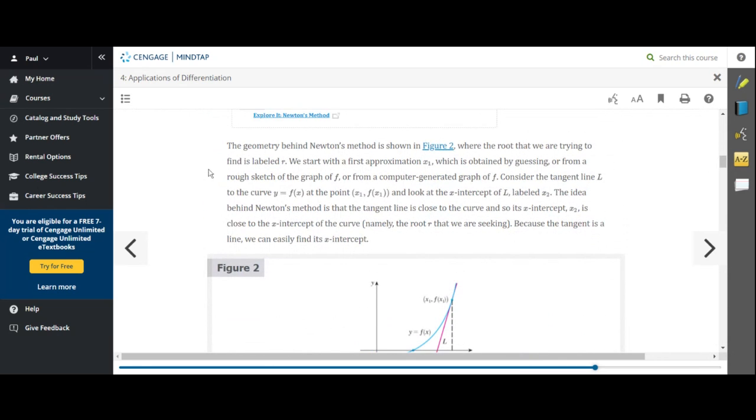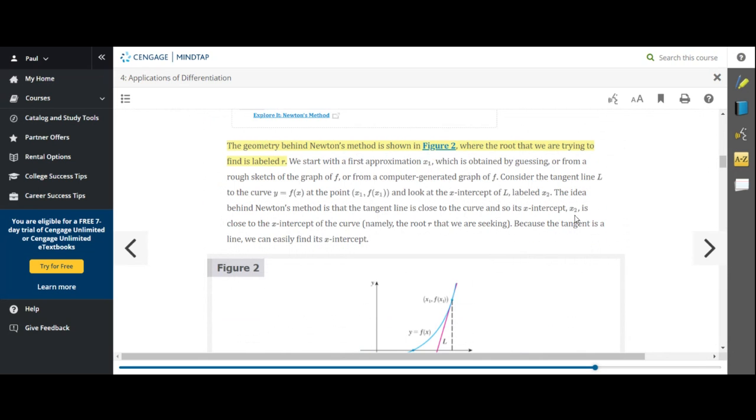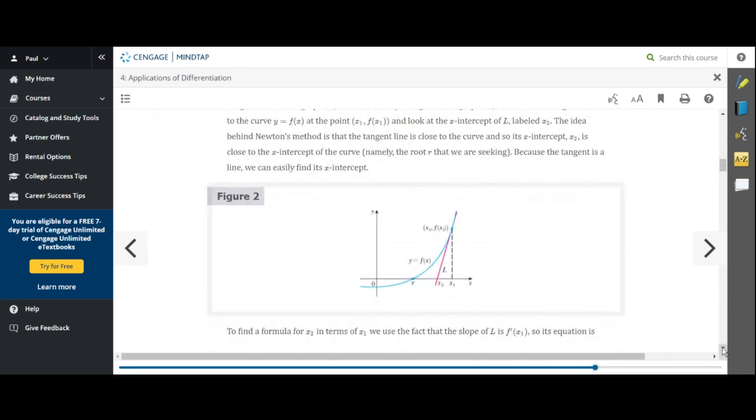The geometry behind Newton's method is shown in Figure 2. Here you have this function f of x. I want to make sure I'm going at a good speed here.